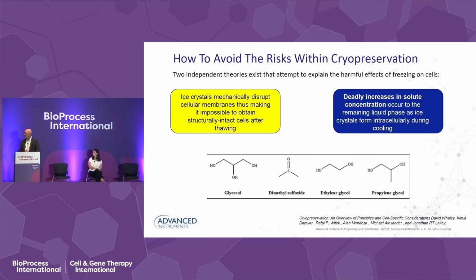So what are some of the risks involved with cryopreservation? There are two main issues for the cells: ice crystals disrupting the cell membranes and/or a fatal increase in osmolality. To mitigate these effects, you need two protective actions: the choice of a cryoprotectant, and then an appropriate cooling and thawing process, with testing of osmolality in each of these steps.